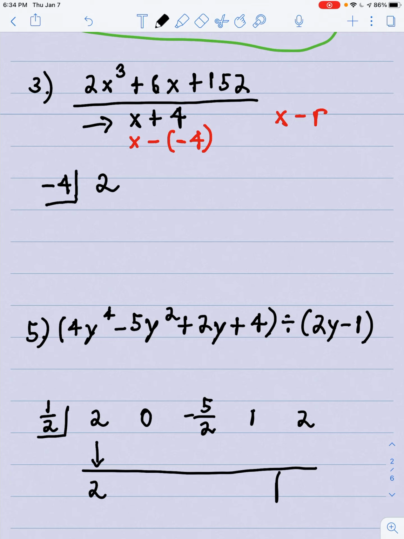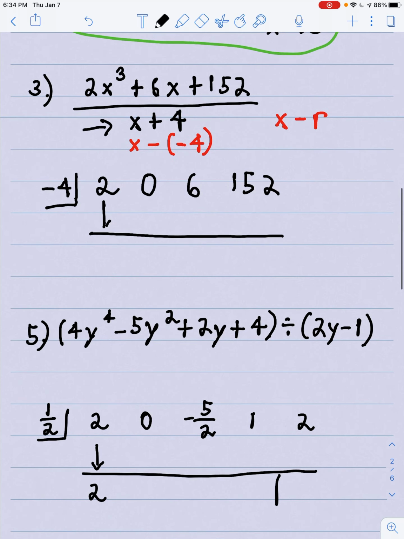That's my degree 3 coefficient. But do you see that we don't have a degree 2 term? We jump from 2x cubed to positive 6x to the first. So I need to put that ghost term 0 for my coefficient of my squared term. Then I continue with the 6 for the first degree term, and then my constant term.